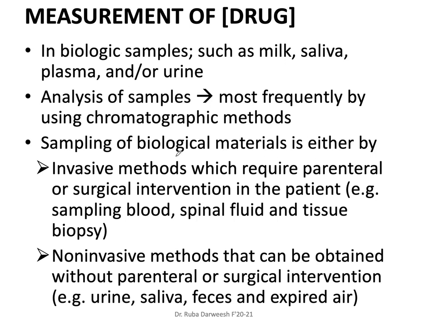Sampling of biological samples could be invasive or non-invasive. From the name, it could involve no invasion or no intervention to the individual, or we have some kind of intervention.